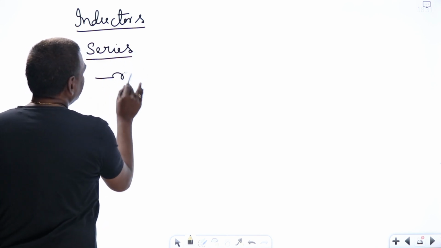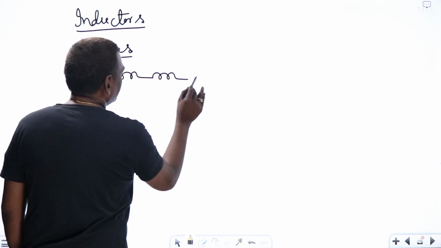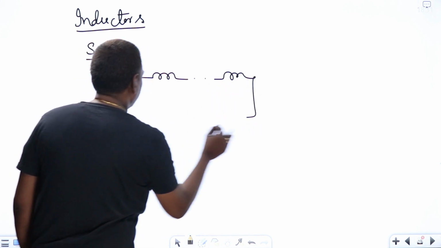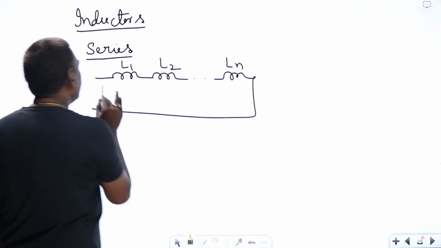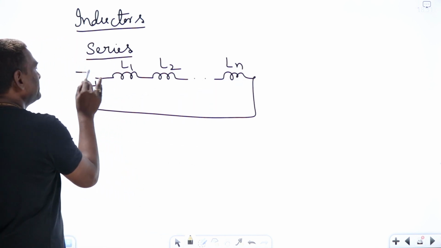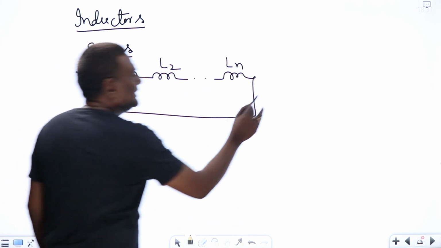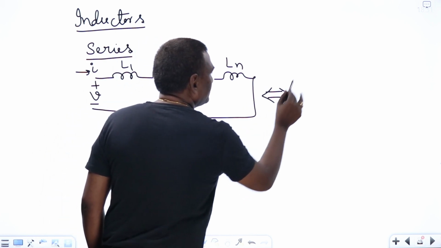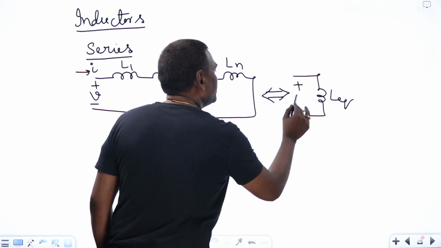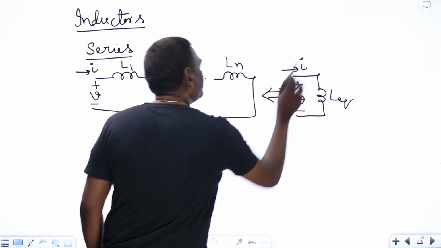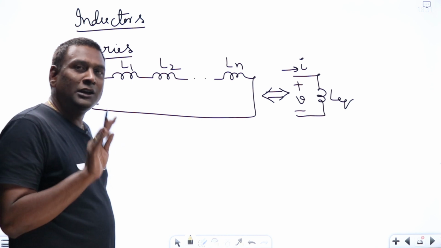In series, let me think of L1, L2, Ln, with voltage and current, and the equivalent is going to be L equivalent, same voltage, same current. Again, our basic fundamental rule is very simple.